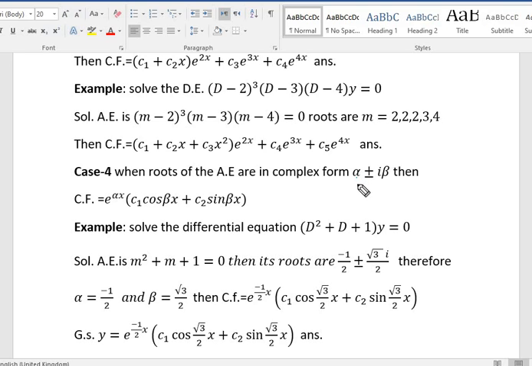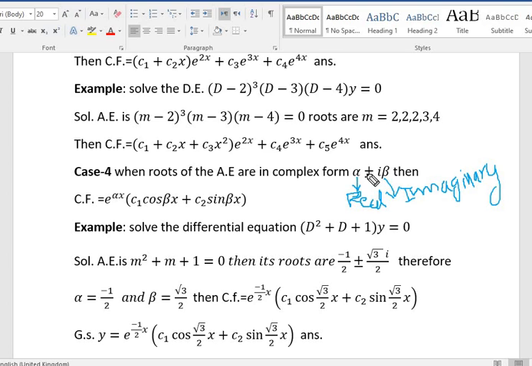This part, alpha, is called the real part, and this one, beta, is called the imaginary part.